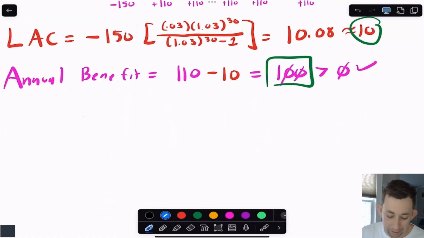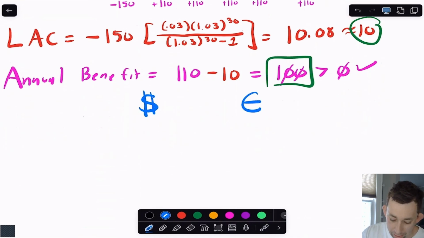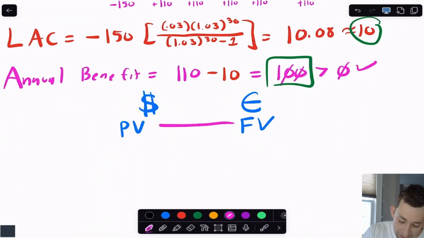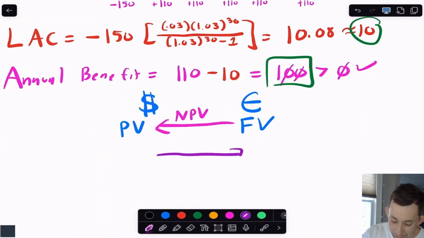So just to bring this point home, suppose that we have two different currencies. We have dollars and we have euros. The dollars are going to represent the present value and euros are going to represent future value. So when we took future value to present value, we called that net present value. And when we took present value to future value, which is what we just did, we called that the LAC method.